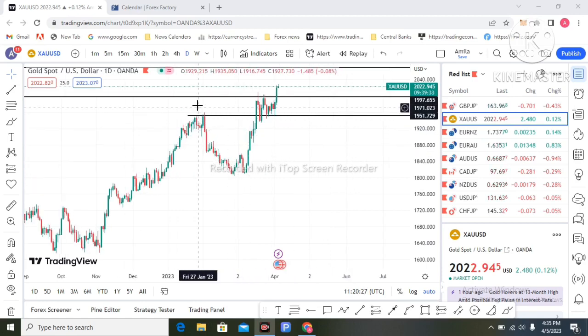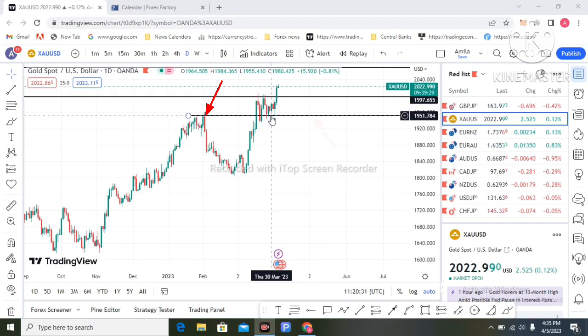Now you can see the left side resistance was supported on the right side. I already analyzed this in my last weekly analysis YouTube video. If you didn't see that, go to that video for your gold trade profit.